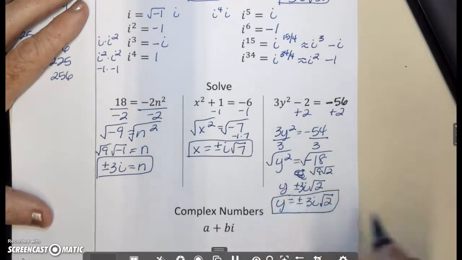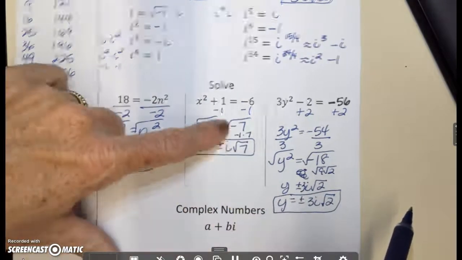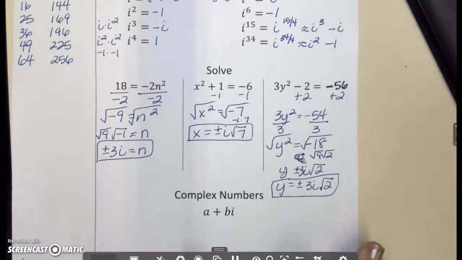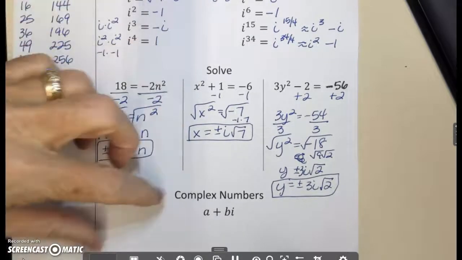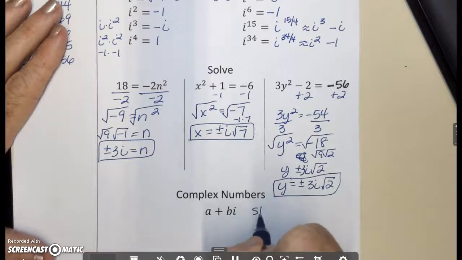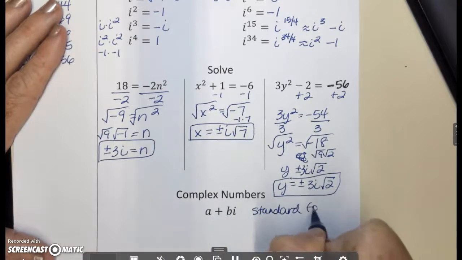So in all these problems we've done so far, these are all just monomials, right? Single term polynomials that we've done. So complex numbers involve two terms, and this is the standard form for a complex binomial. Okay.